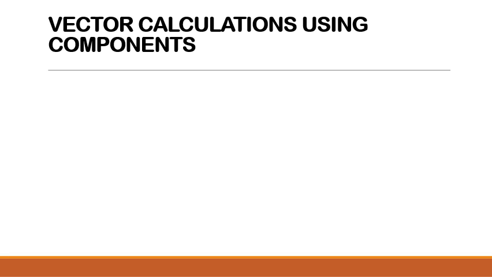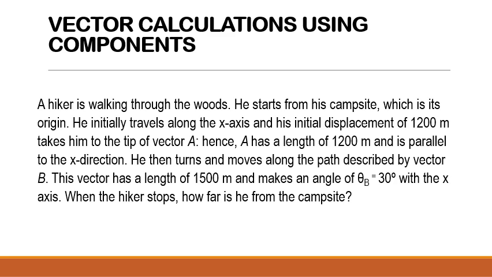How about if we are asked about the total or the resultant when added? Let's calculate them through these examples. A hiker is walking through the woods. He starts from his campsite, which is its origin. He initially travels along the x-axis, and his initial displacement of 1,200 meters takes him to the tip of vector A. Hence, A has a length of 1,200 meters and it's parallel to the x direction.